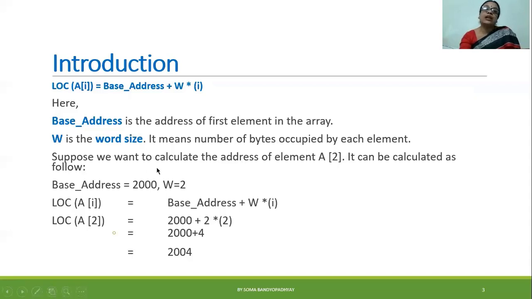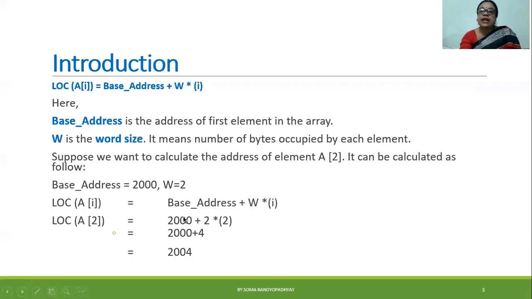Suppose we want to calculate the address of element A2. Here 2 is the index of the array element. It can be calculated using this formula. Here the base address is 2000 and W is equal to 2. So the location of A[I] is the base address plus W into I. Here the value of I is 2 and W is 2, so 2 into 2 is 4.